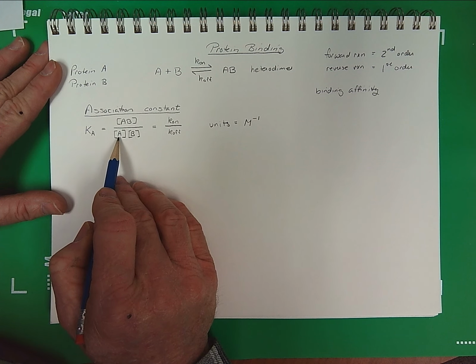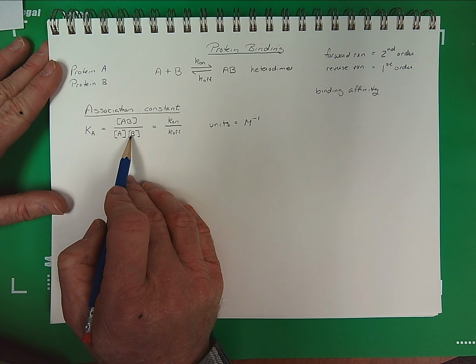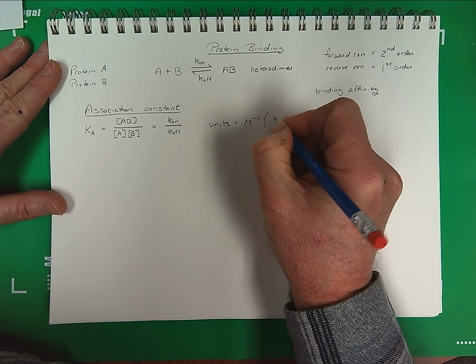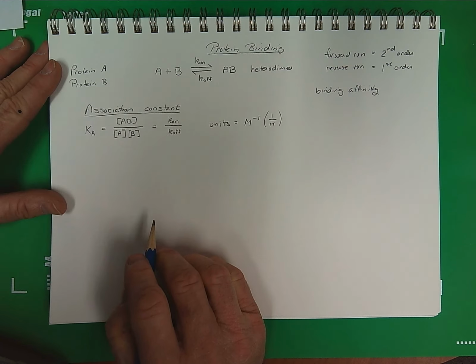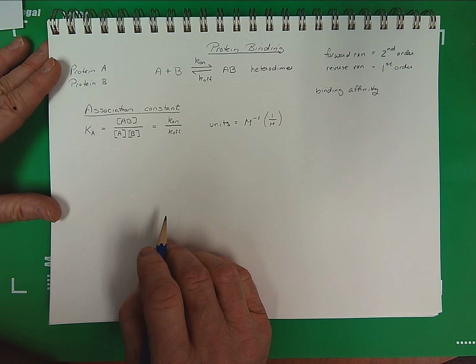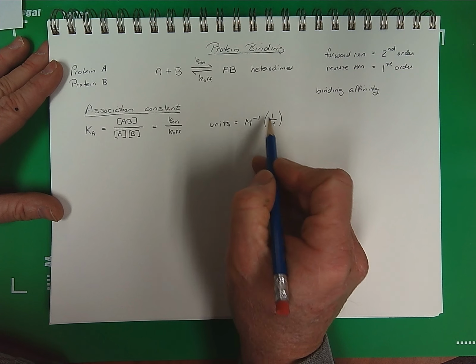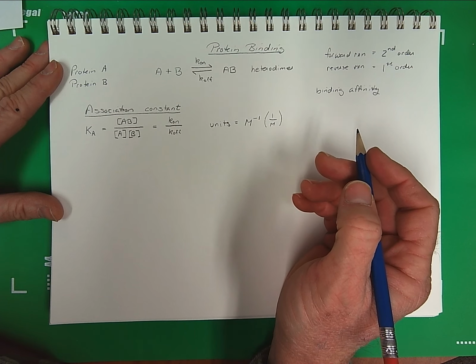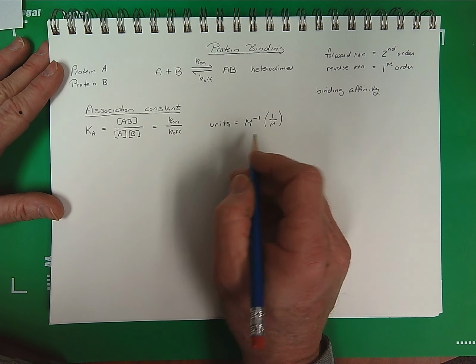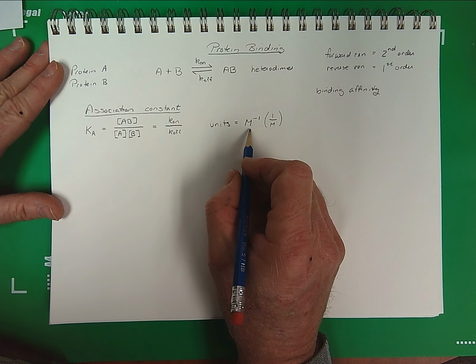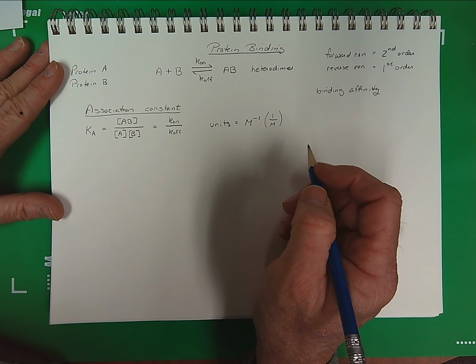The numerator and denominator in one case will cancel and we will be left over with 1 over the molar concentration, which is M to the minus 1. Now this is a very unusual unit, and so we typically don't try to deal with this very often. What is a better unit to deal with is straight molarity, the inverse of this.